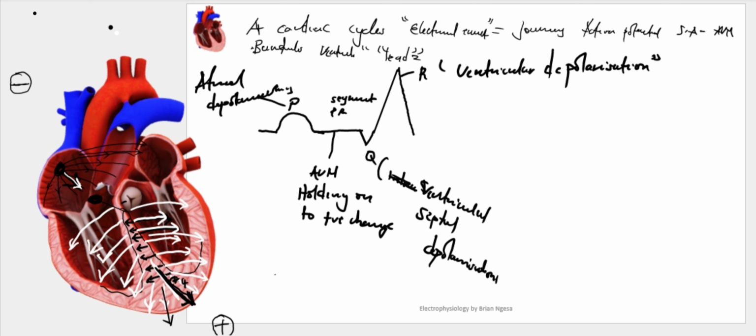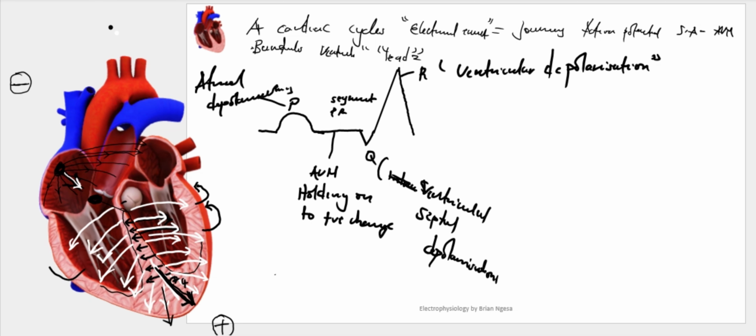Upon depolarizing the ventricle, the wave of depolarization is expected to revert back so that the base of the heart is depolarized. When the base of the heart is depolarized, we'll say that the ventricles are now fully depolarized, because we know the base of the ventricles extends to the posterior.